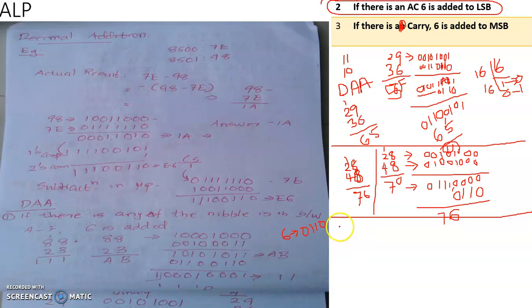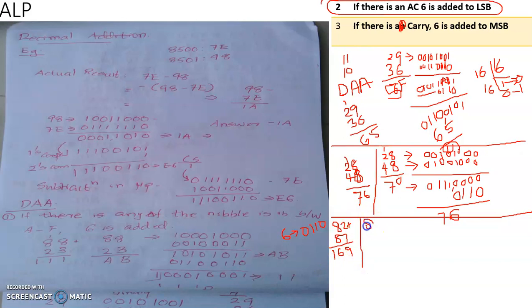For that, consider this operation: 82 decimal plus 87 decimal. 7 plus 2, 9. 8 plus 8, 16, that is 6 with 1 carry. The result we expect is 169.